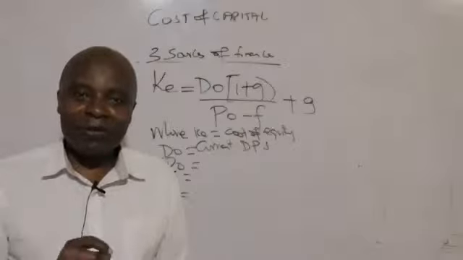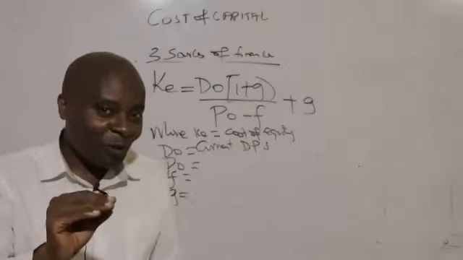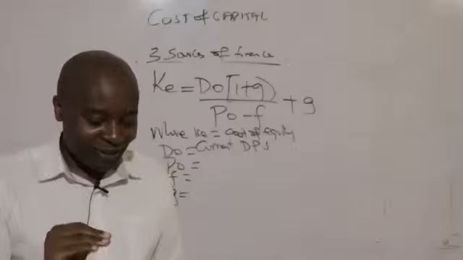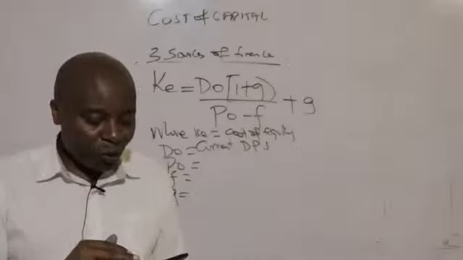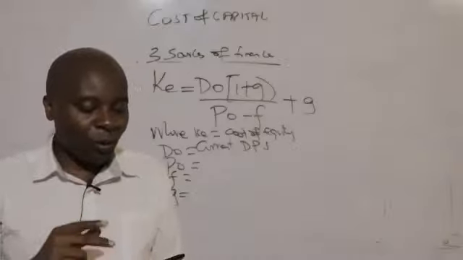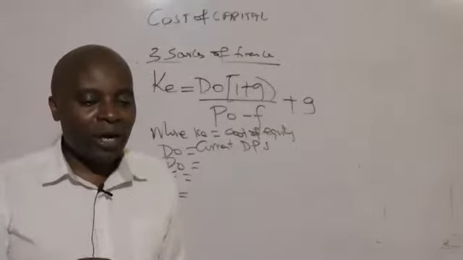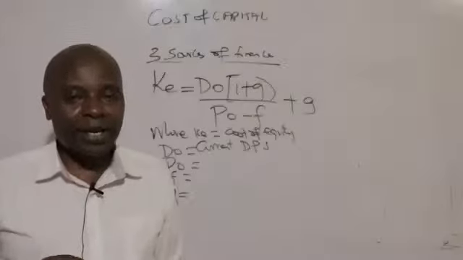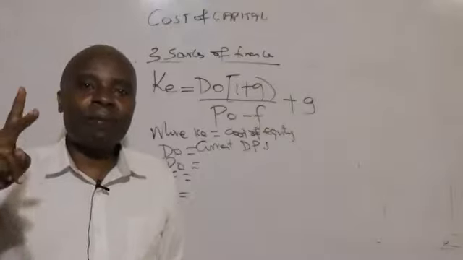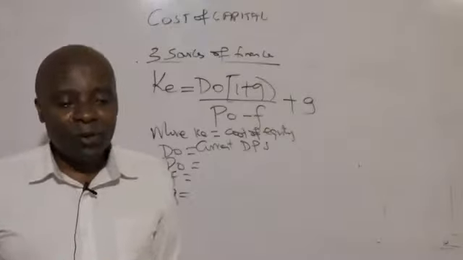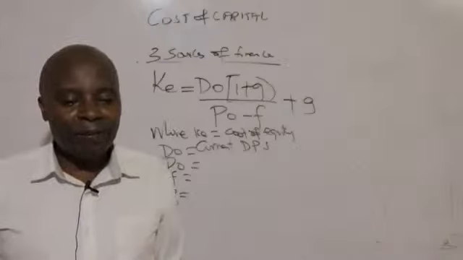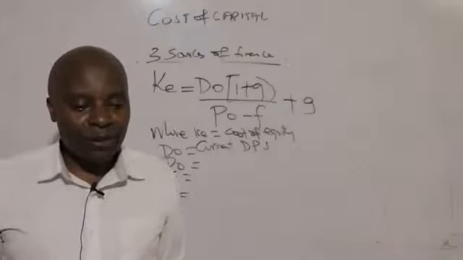I know the sensitivity of this topic, so I want to put a very good foundation. If you go to page number 2, you'll be able to see example 1. Are you there? Page number 2, example 1.